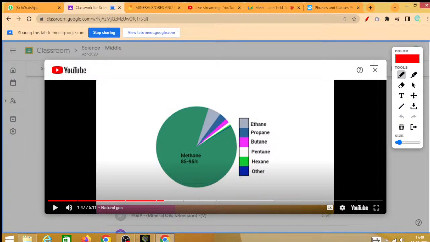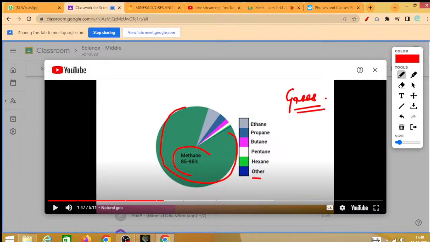Ethane, propane, butane, pentane, hexane, and methane, 85 to 95. All these are names of gases.